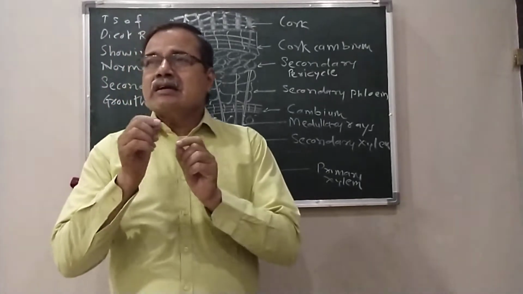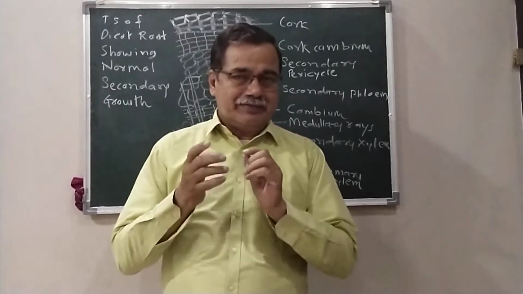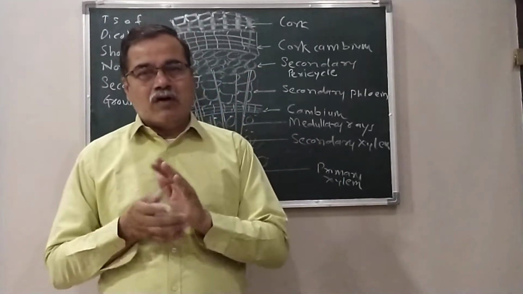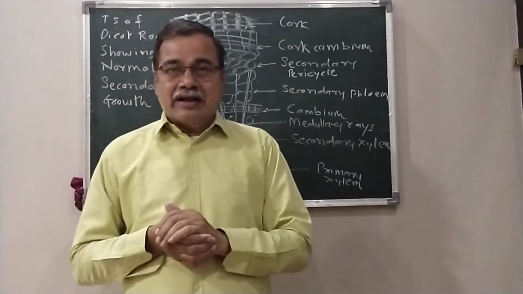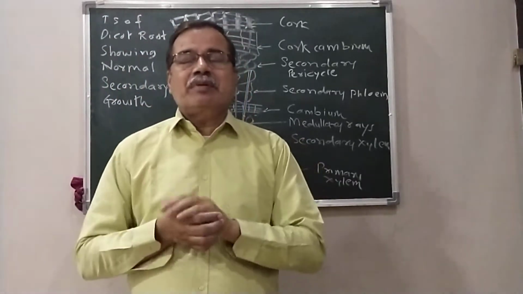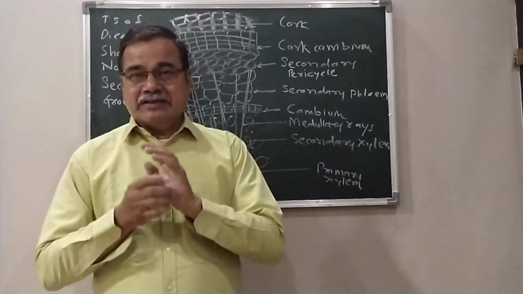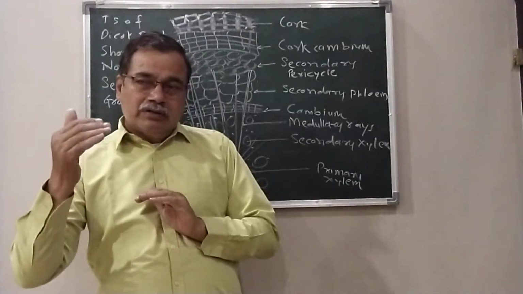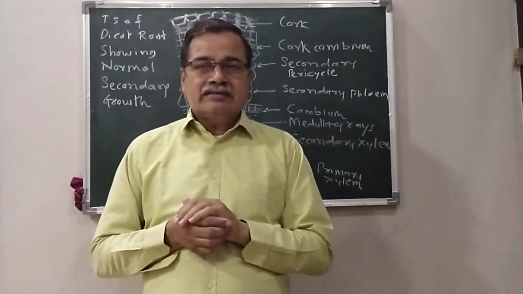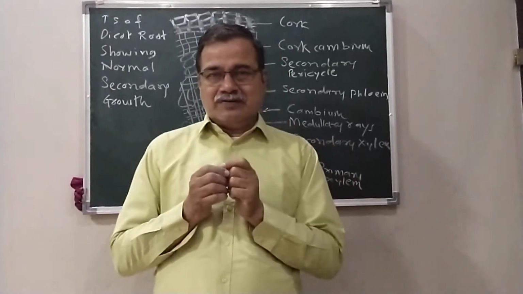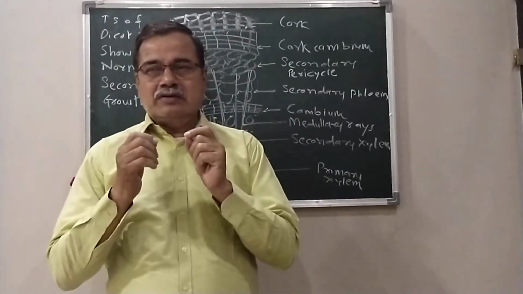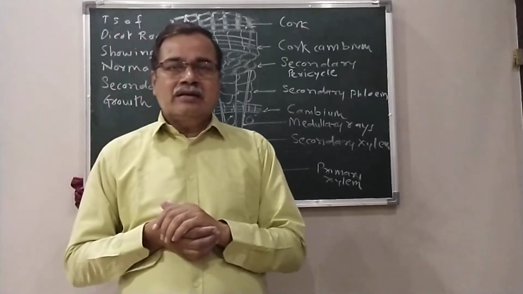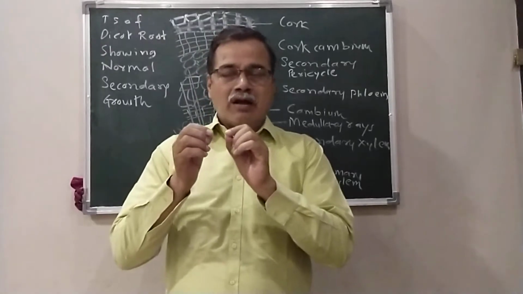They are known as conjunctive tissues. Conjunctive means joint. These conjunctive tissues together form small patches, developed below the phloem and above the xylem. Such small patches join to each other and a wavy band of cambium is formed.